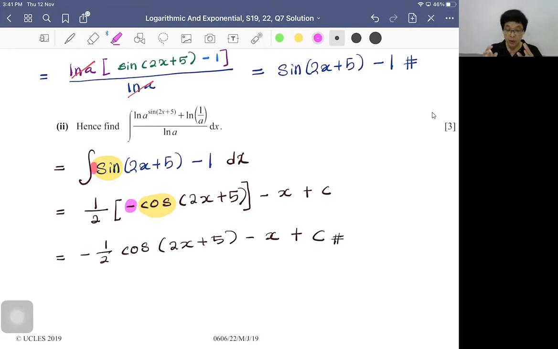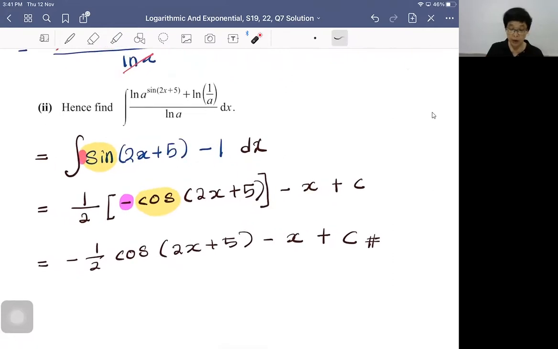Before we move on, we have to be careful with one more thing: the inside of the sine function, that is 2x plus 5.